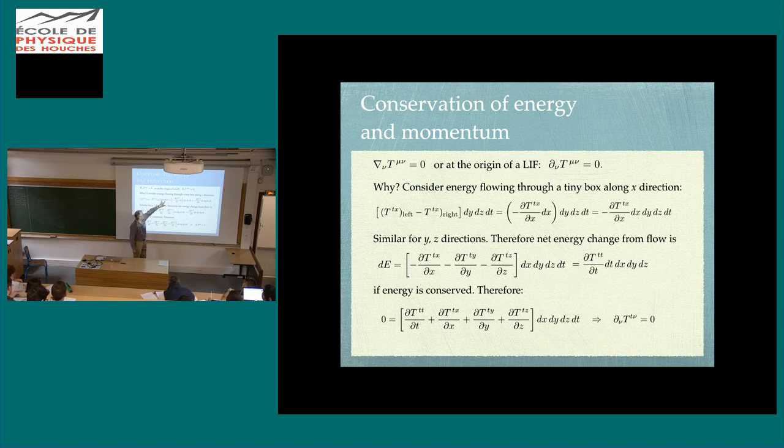Then I'm going to multiply by the area of the face of the box perpendicular and multiply by the time interval that I'm talking about. If I'm taking flux times area times time interval, I get the actual amount of energy that has remained in the box, right? Due to this flow in the x direction. And I can approximate this difference by this partial derivative.